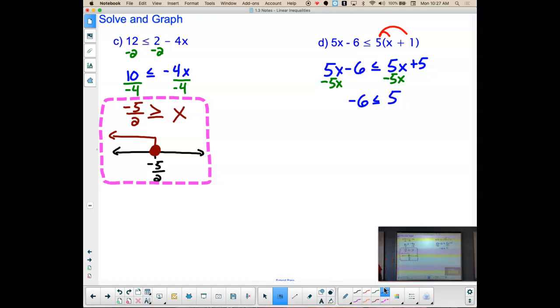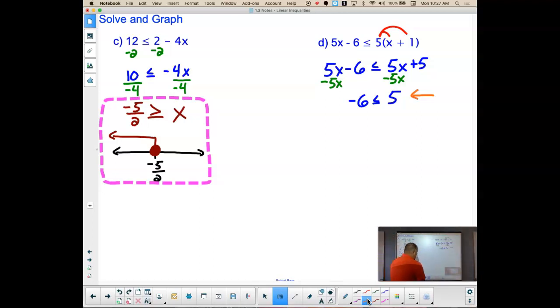However, if all of my x's disappear, all my variables disappear, then I look at this equation right there and I say to myself, is that true or is that false? Is -6 smaller than 5? And the answer to that is yes, it is.